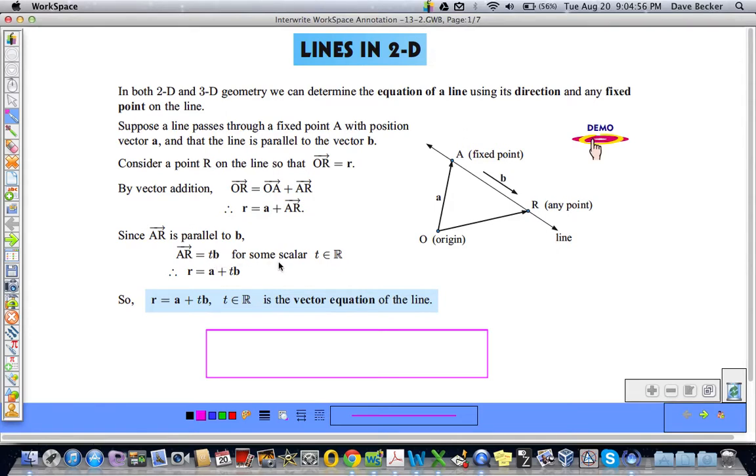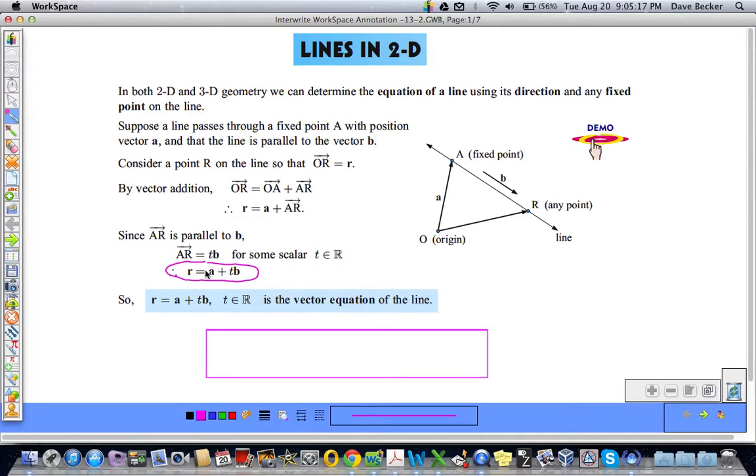We've talked about that before. And because of that, the vector equation of a line is given by this right here. R equals A plus T times B. Now R stands for any point on the line. Okay, this is the vector equation of a line.